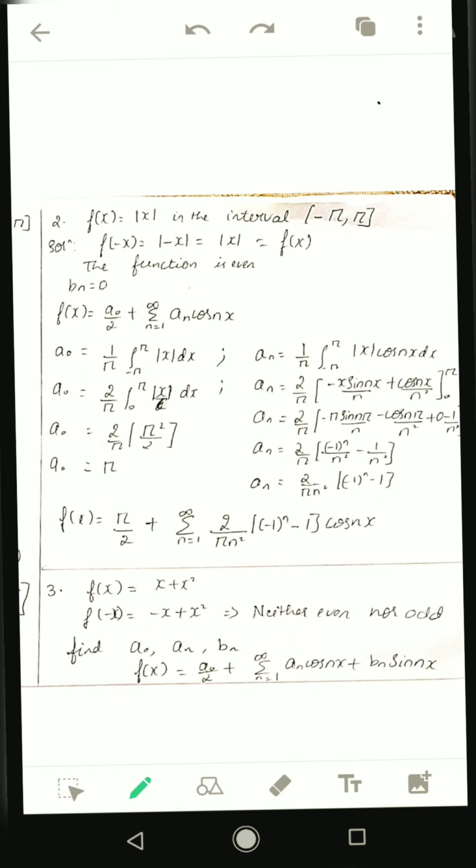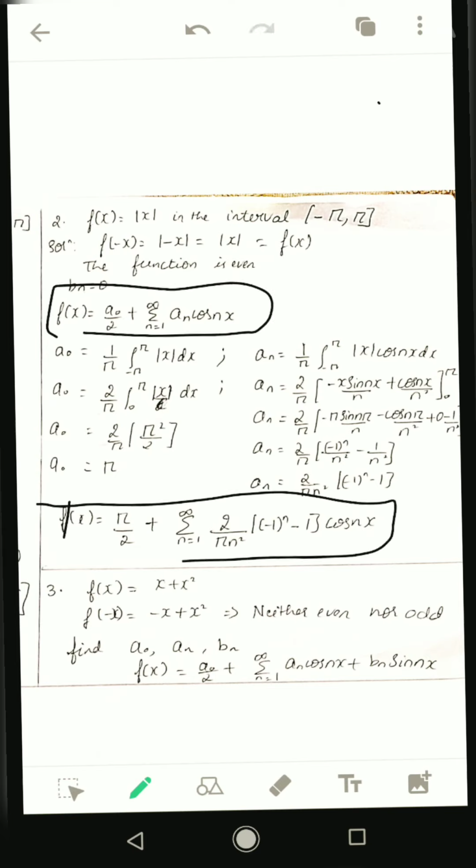I have found a naught and an by using the formulas which I had discussed earlier, and then put those values in the main equation, that is f of x equals a naught by 2 and so on, and this is the final equation.